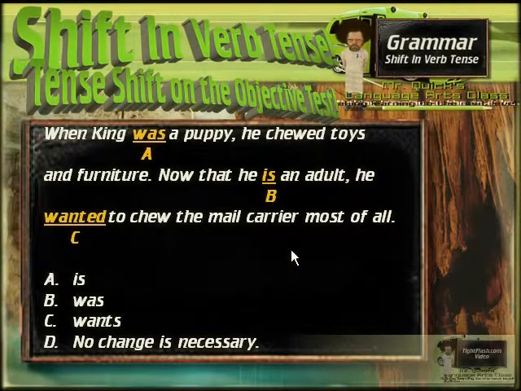And that's a bit difficult. For instance, let's look at this sentence here. When King was a puppy, he chewed toys and furniture. Now that he is an adult, he wanted to chew the mail carrier most of all. Okay, so here you definitely have to use the ear and the brain. The ear for hearing it, the brain for analyzing it, including all of your grammatical knowledge.